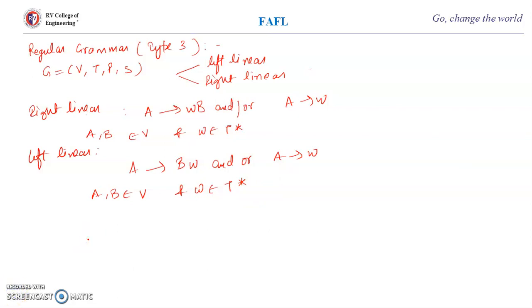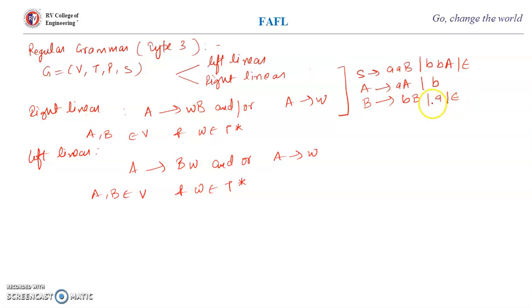Now the following grammar: S to AAB, BBA, epsilon; A to AA and B; B to BBA, epsilon. So this is a right linear grammar.